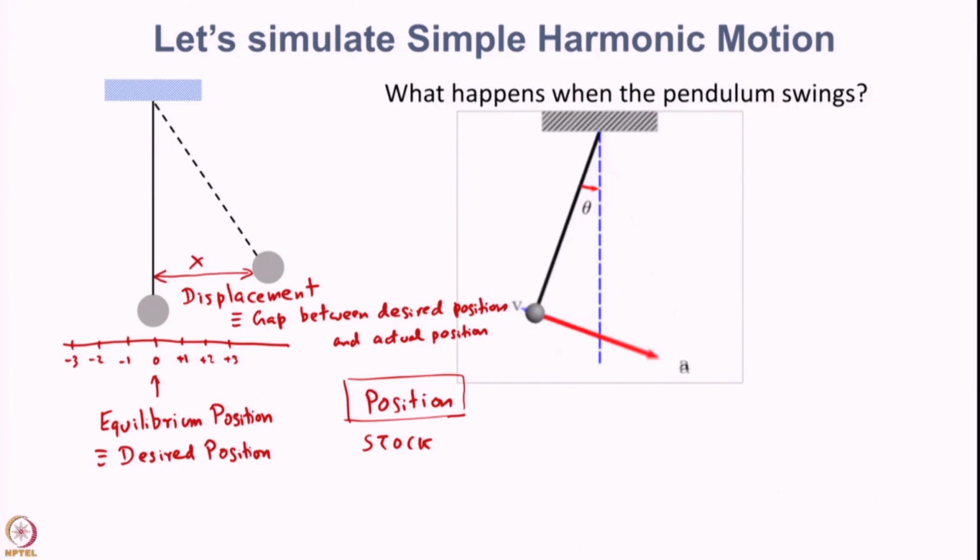Now, let us see what happens when the pendulum actually swings. At the extreme position on the right, you can observe that the velocity keeps reducing as we move towards the extreme point, and at the most extreme end the value of the velocity comes to 0.